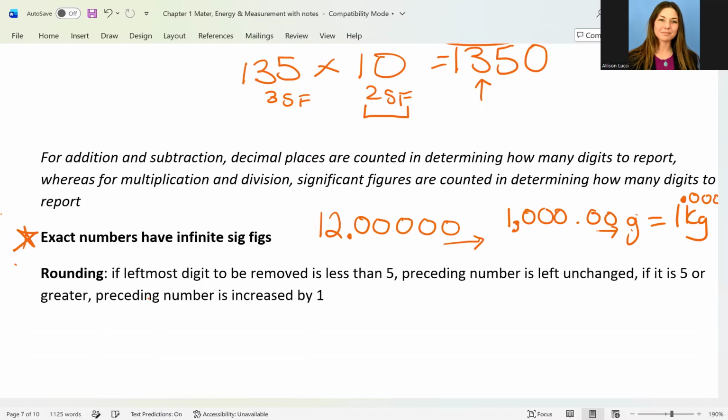I also touched upon some rounding. If we have a digit that is less than 5 next to the last digit, we keep the number the same, so it's left unchanged. If we have a 5 next to it, we would round up, so the preceding number would be increased by 1. You saw that I did that when I rounded my 3 up to a 4.